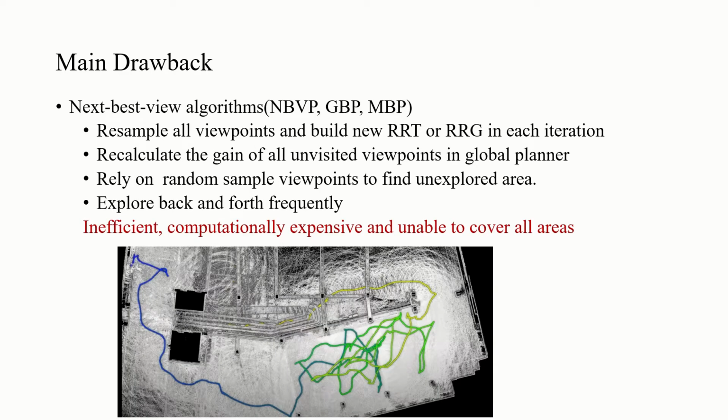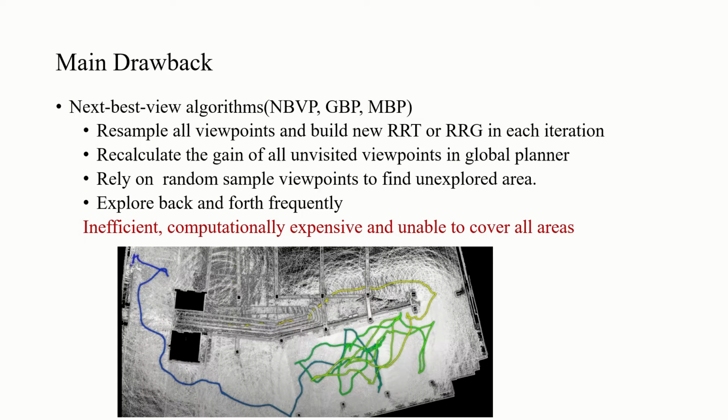Most existing next best view algorithms have the same drawbacks when applied to real life. First, they do not consider the existing viewpoints when building a new RRT or RRG in each iteration. The problem with doing so is that it wastes much computation on repetitive viewpoints. Second, every time they do the global plan, they need to calculate the gain of all unvisited viewpoints again, which needs much longer time as well as more computation.